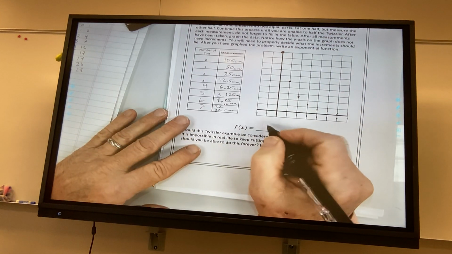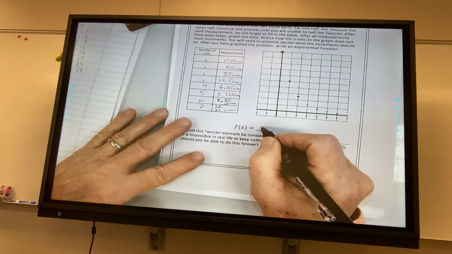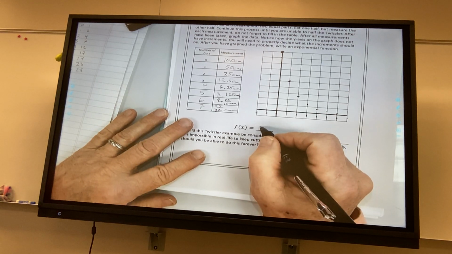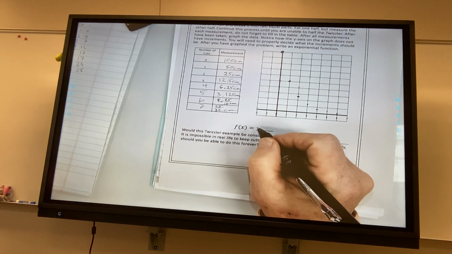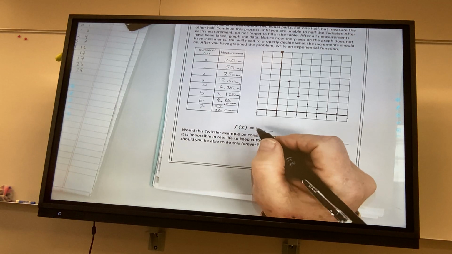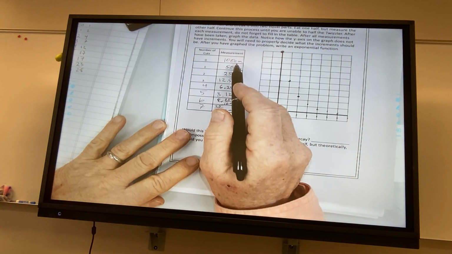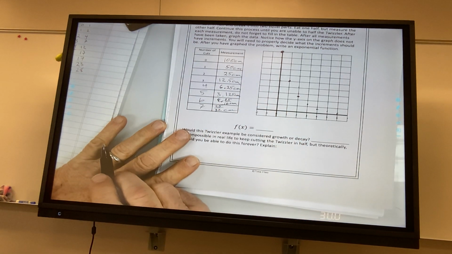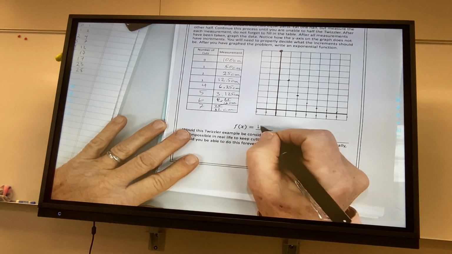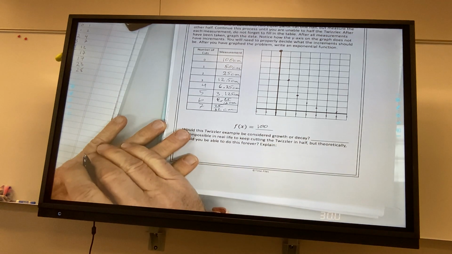What did you have for an equation? Anybody have an equation? X to the 1/2. Well, okay, then if I put 0 in there, I should get 100. No, opposite of that. Sorry. 100 would be like 100 what?